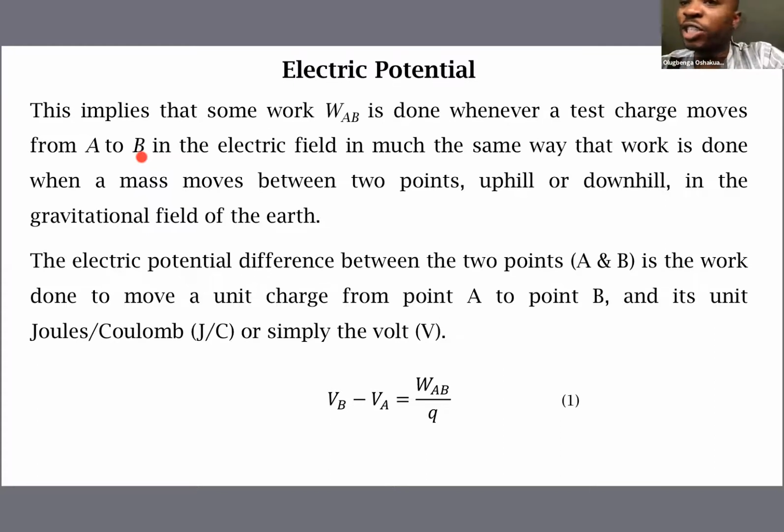So electric potential between two points A and B is the work done to move a unit charge from point A to B, and the unit is joule per coulomb, or simply volts. Joule per coulomb or volts.